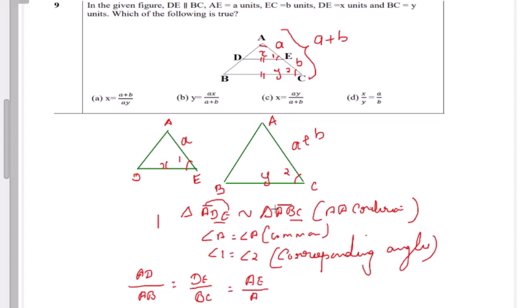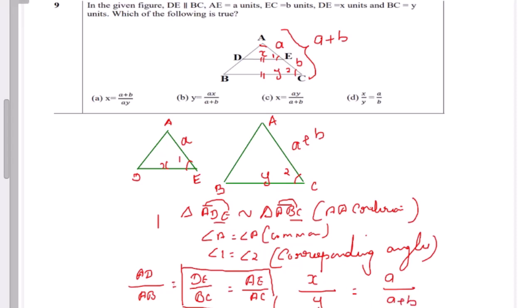Now we are given the DE and BC values, and AE and AC values. What is DE? DE is equal to x, and BC is equal to y, AE is equal to a, and AC is equal to a plus b.